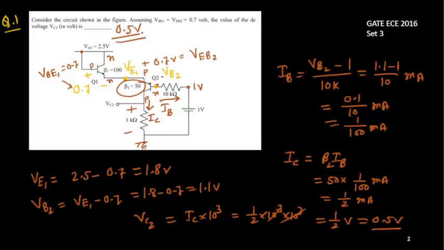I think it is not that tough. You need to understand how to proceed. If you have more than one transistor, and nothing is said, consider all the transistors in active region and use IC equal to beta IB. VBE is also not given, so you can assume that it is 0.7 volt. Fine, we'll go for the next problem.